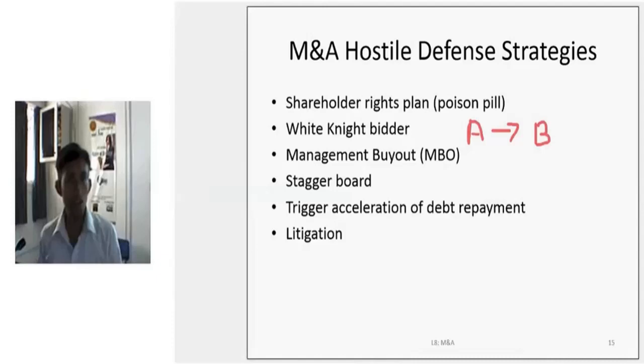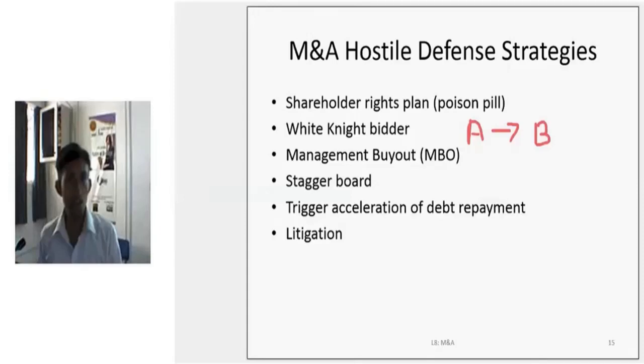So that means we are asking for trouble, in other words, we are committing suicide. Why are we doing it? We are threatening A: look here, if you take over us, this is what we are going to do. We have already signed the contract. If you take over, we are going to sell all our assets and settle the liabilities.